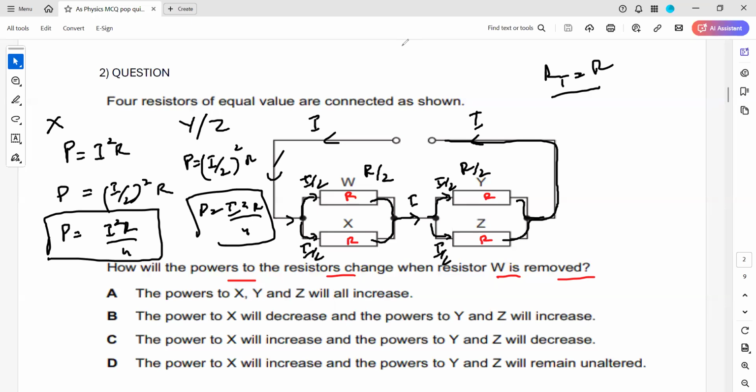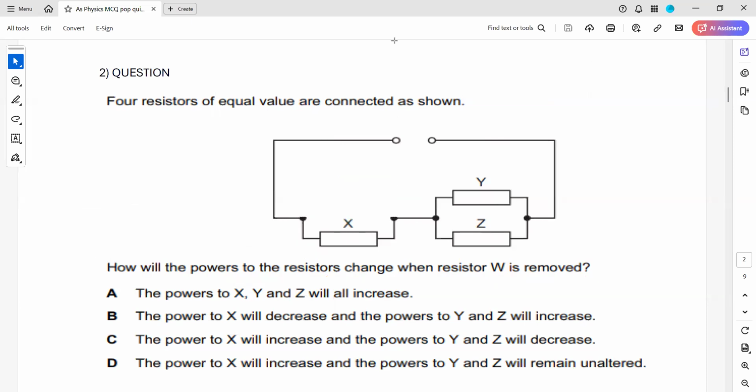Now in the question, if we remove W, this resistance is R, this resistance is R, and this resistance is also R. The combination of these two will be R by 2, and the total resistance of the circuit is R plus R by 2, which equals 3R by 2.